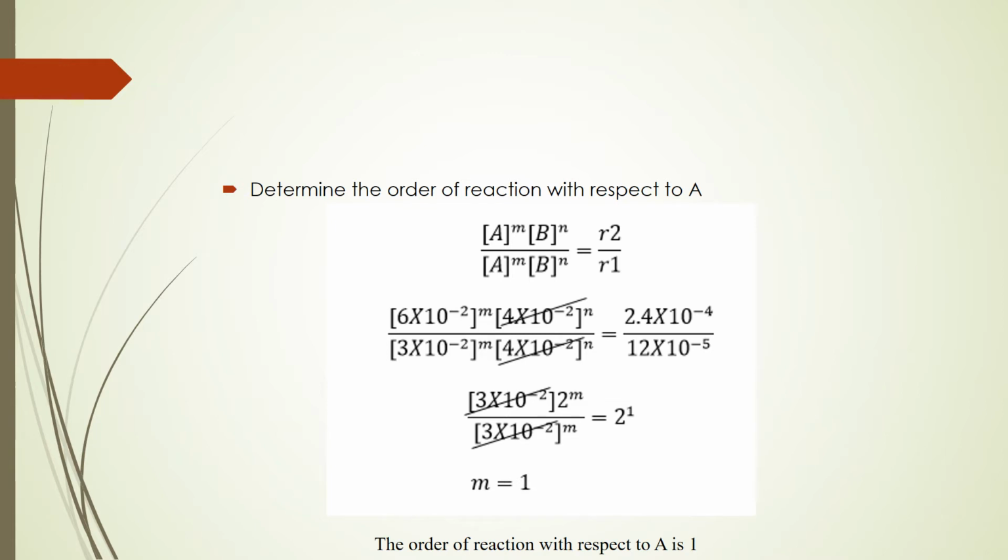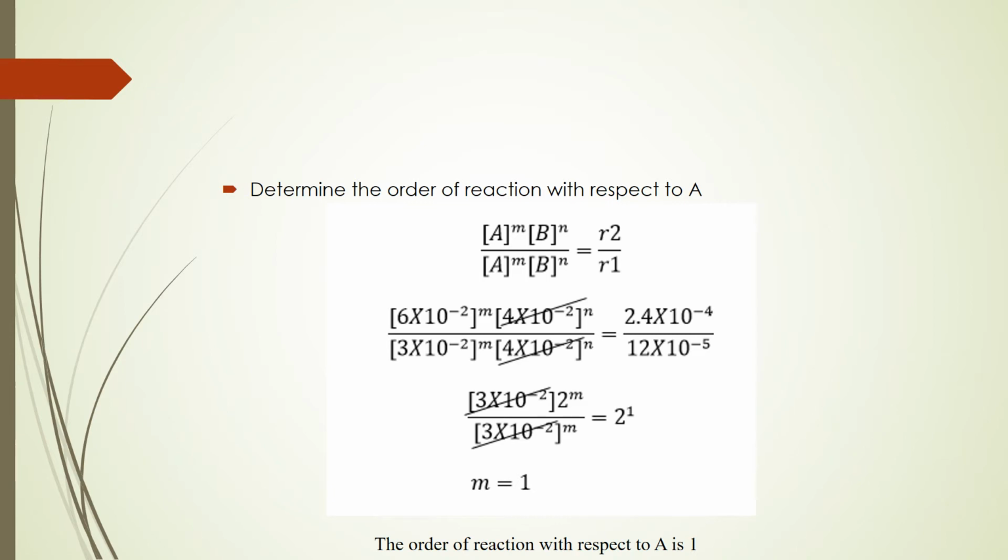Now, the concentration of A to the power of m is 6 times 10 minus 2, for experiment 2. R2 means the initial rate for experiment 2, and R1 means the initial rate for experiment 1. So we have 6 times 10 minus 2 to the power of m, times 4 times 10 minus 2 to the power of n, over 3 times 10 minus 2 to the power of m, times the concentration of B, which is 4 times 10 minus 2 to the power of n.